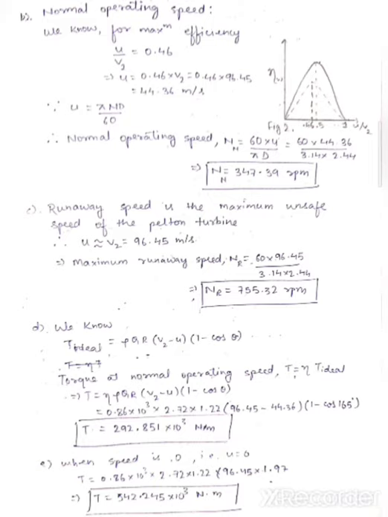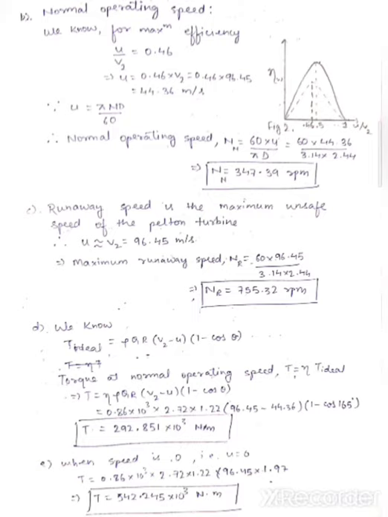In part C, we have been asked to find the approximate runaway speed. This is the maximum unsafe speed of the Pelton turbine. So again we'll come to this graph and see when the maximum unsafe speed is obtained.